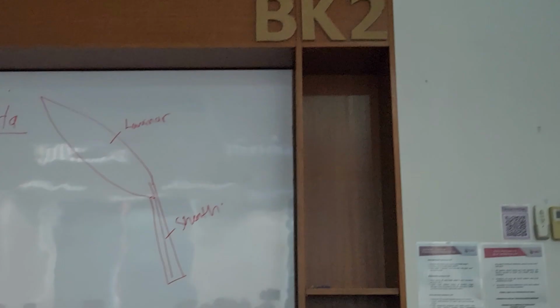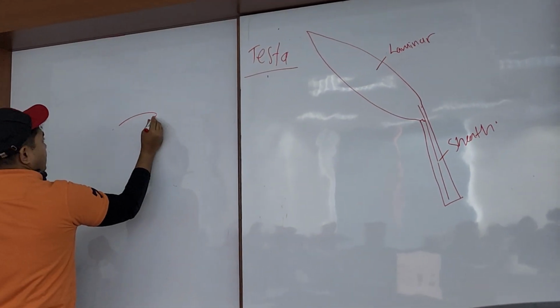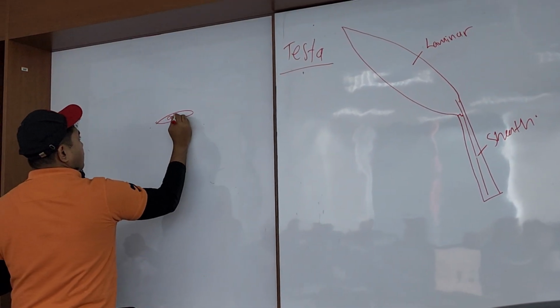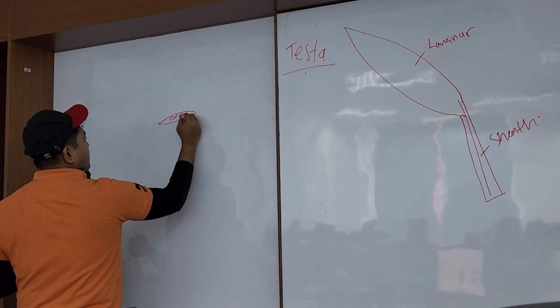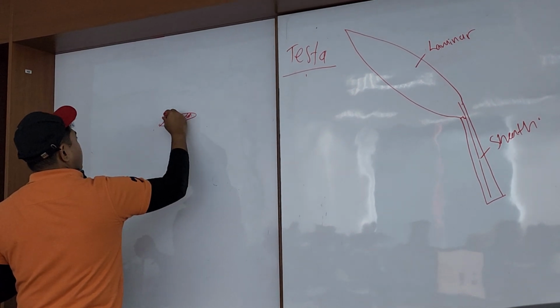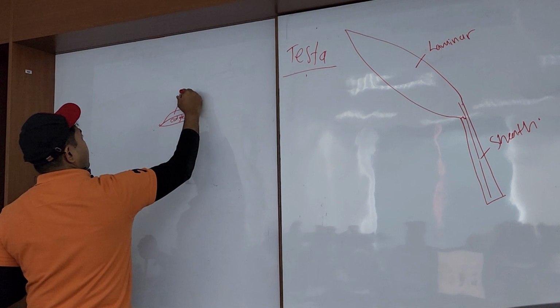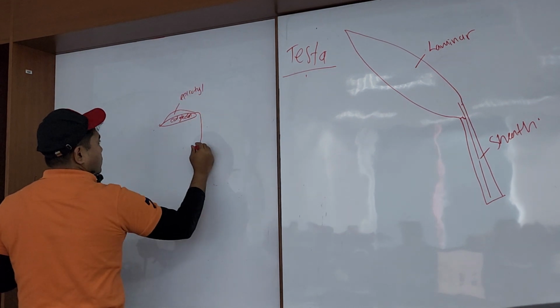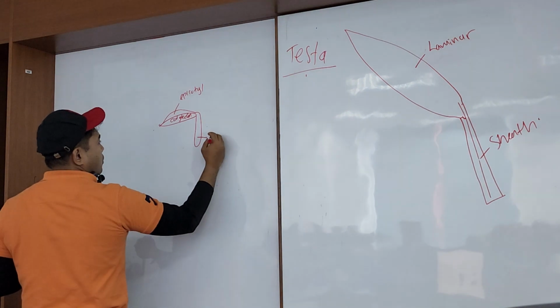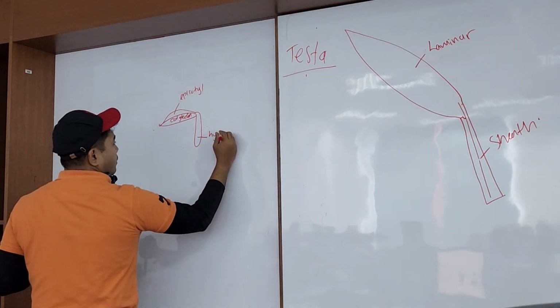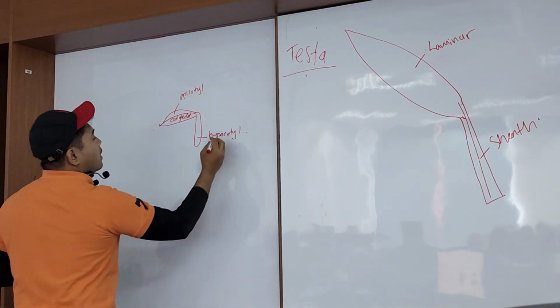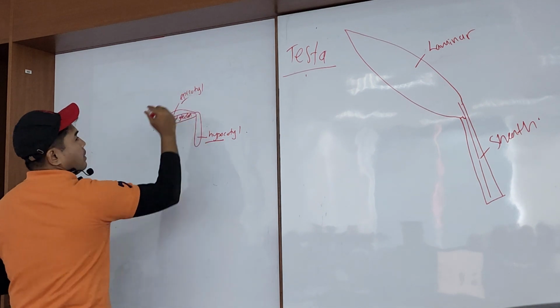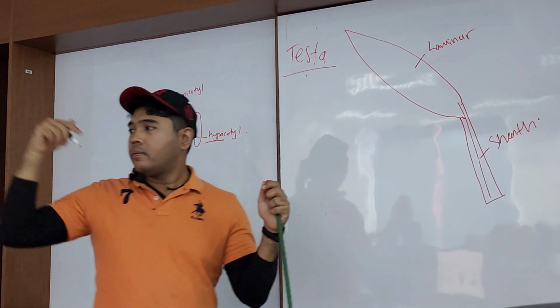Let's say this is your cotyledon. When the structure is above it, you call it epicotyl. When the structure is below it, we call it hypocotyl. Hypo means down, epi means on the edge or above.